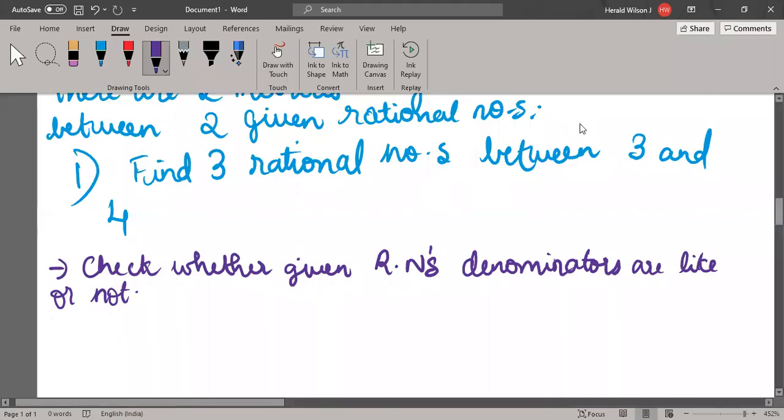So here we can write 3 and 4 as 3 by 1 and 4 by 1, right? So 3 by 1 and 4 by 1 have like denominators. So your first condition is satisfied.